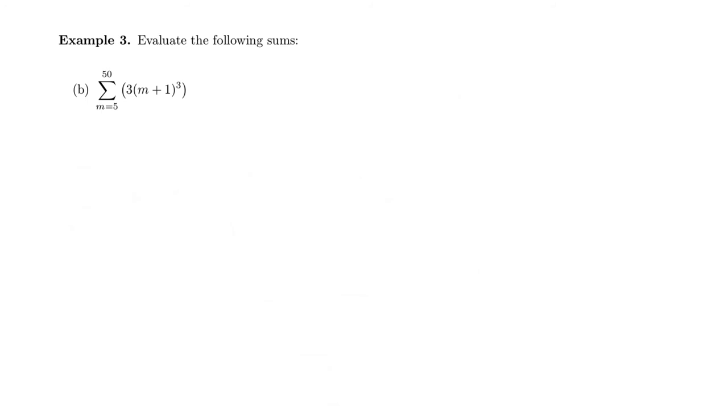Okay, same old song and dance here. So, let's just think about what this is asking. Well, it's asking to find the following sum. So 3 times, we got to add 1 to m, so 6 cubed plus 3 times 7 cubed plus all the way to 3 times 51 cubed.